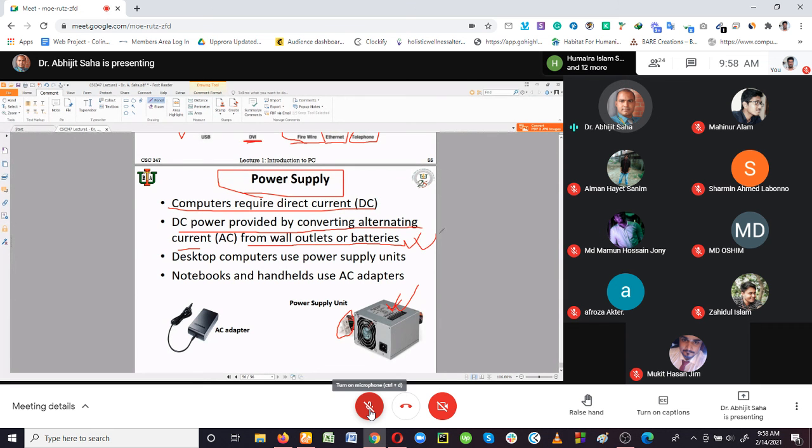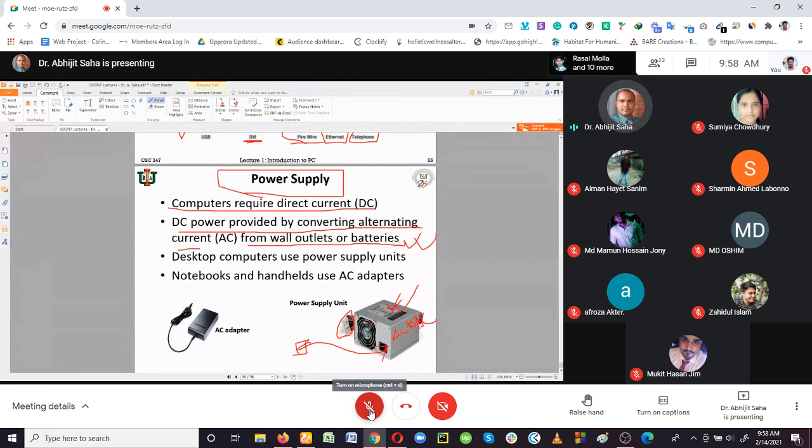So the cable you connect to your home wall outlet provides alternating current to the power supply, and the power supply converts the current from AC to DC and supplies the DC current to the different components of the computer system.